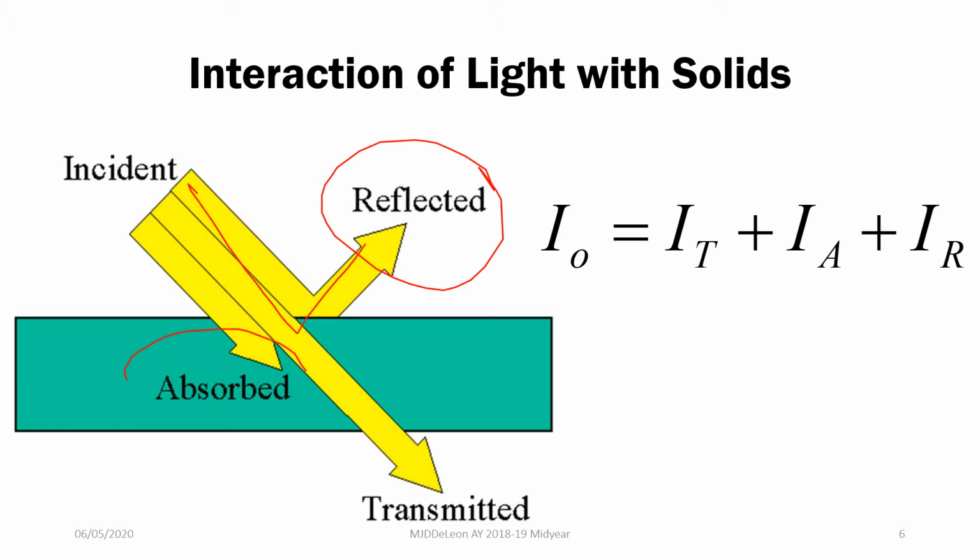Other is pwede siyang i-absorb ng solid, or the other one is the light can pass through the solid. And in this case, your light would be, well, the energy is conserved. So basically, yung incident light mo, this will be equal to the intensity of the transmitted, the absorbed, and the reflected lights.